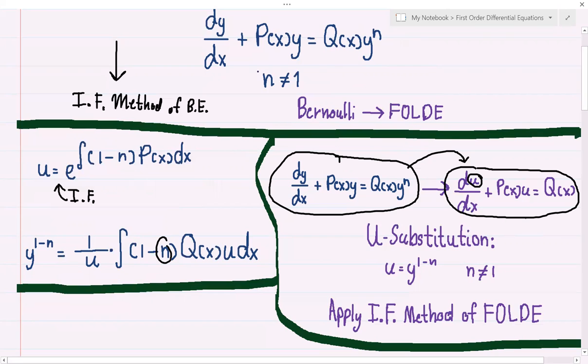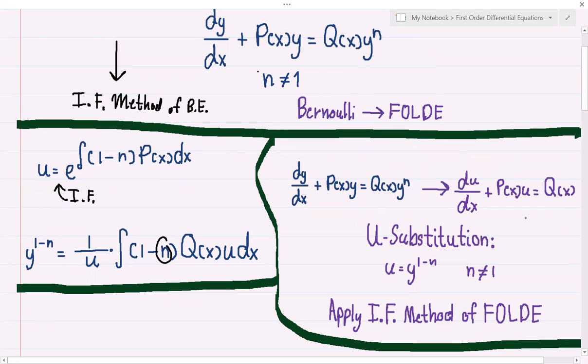So how is this possible? It's possible because when it comes to conversion, we are going to apply u substitution. Your u will be equal to y raised to 1 minus n. And once again, your n is basically the exponent of your y that is partnered with your q of x.